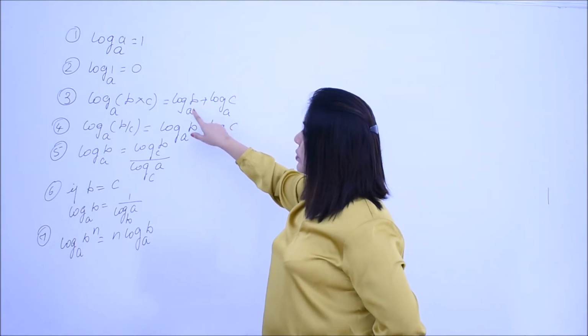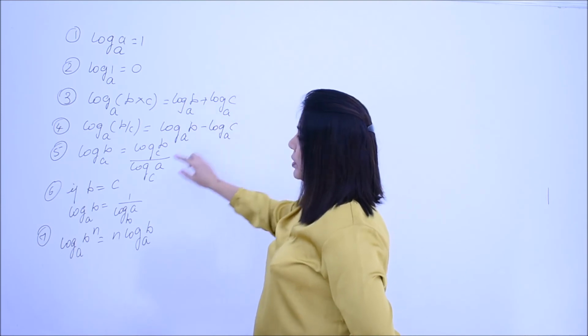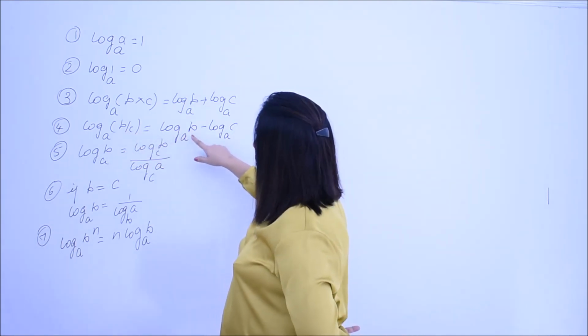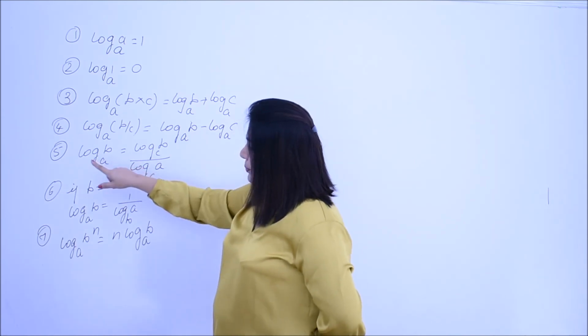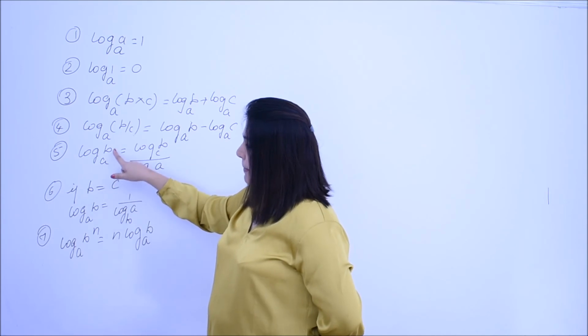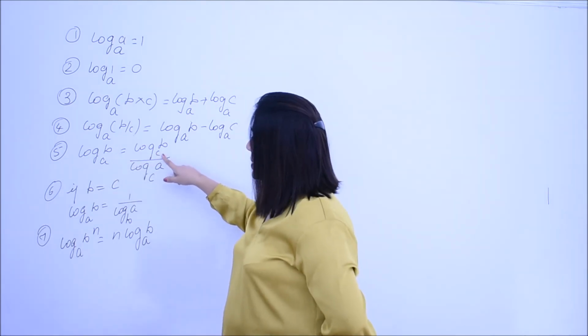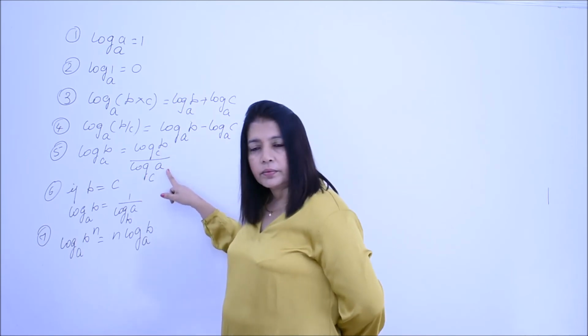So that is log to the base A of B plus log to the base A of C. If it is division, then we can express the log into subtraction. Next was change of base law. Here log to the base A of B can be written with the new base C, where we'll say log to the base C of B upon log to the base C of A.